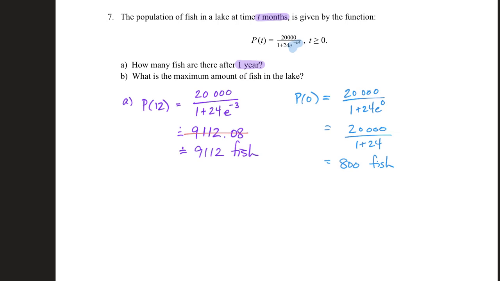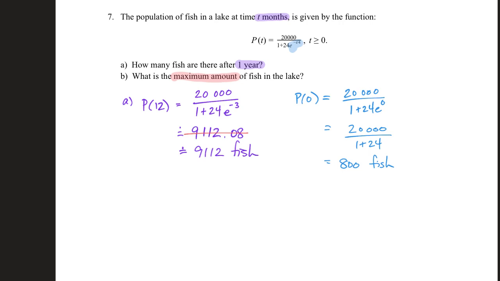Okay, I'd like us to take a look at problem B now. What is the maximum amount of fish in the lake? Now, some people could have a problem with that question, given what I just said, like the maximum amount of fish. Well, we just found out that our population is increasing. Therefore, our population must always be increasing.